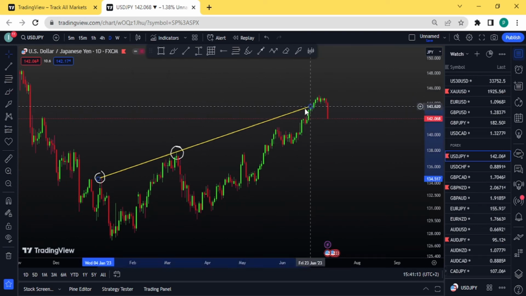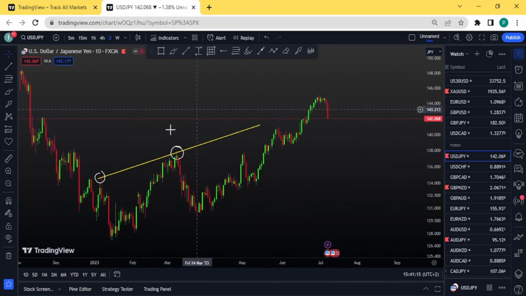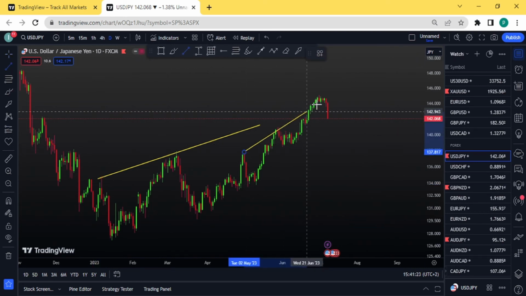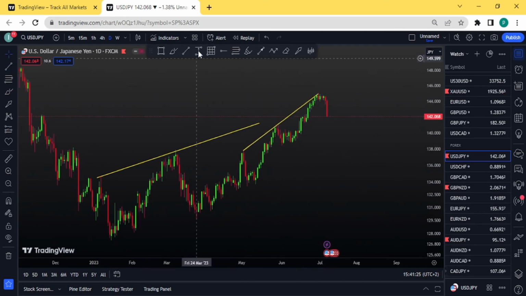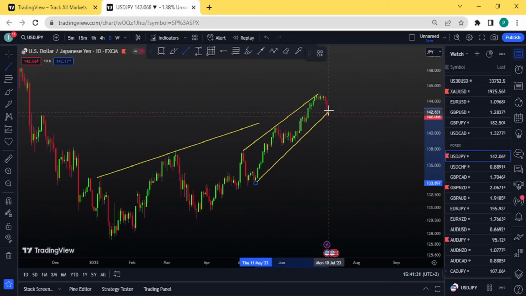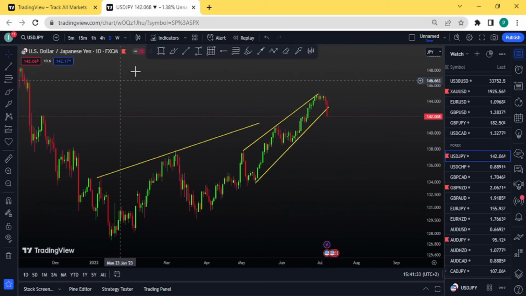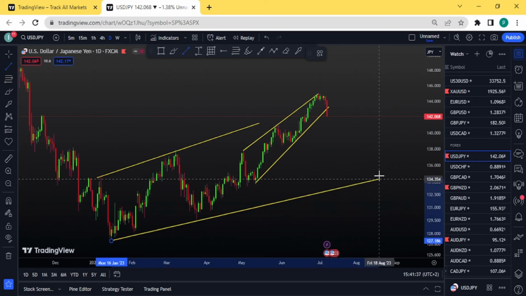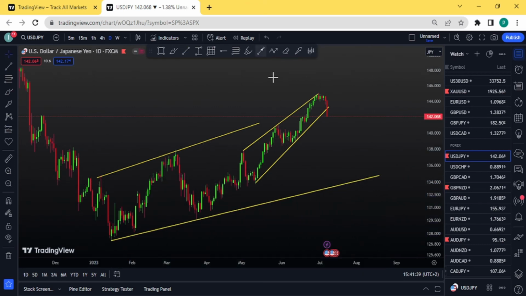And how did it break? That's when we look for a pattern that broke the trend line, and I have identified a pattern that broke the trend line. It was this pattern here. As you can see, that wedge there, that rising wedge, and then we can look for sells.